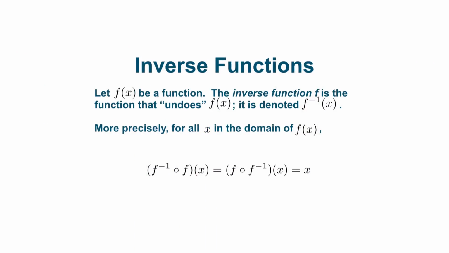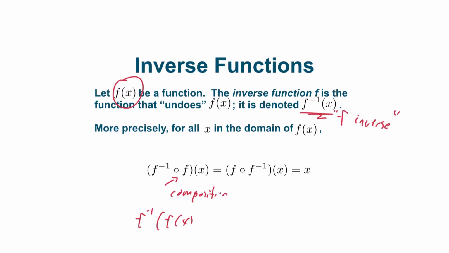So let's look at the mathematical definition. Given an initial function f of x, we are interested in understanding when it has an inverse function. What does this mean? It means that the function f inverse, that's how you say this, should satisfy, so this thing here, of course, is composition of functions, which means that I have f inverse of f of x.